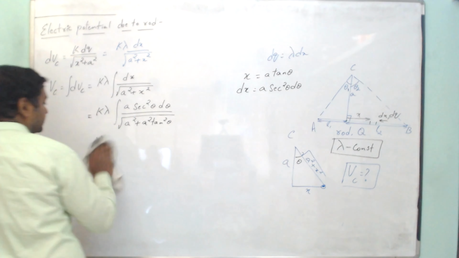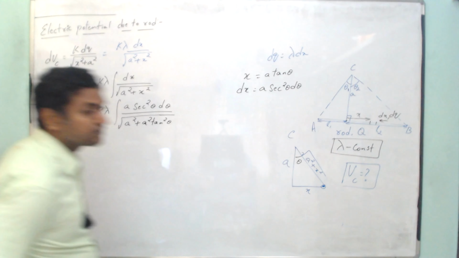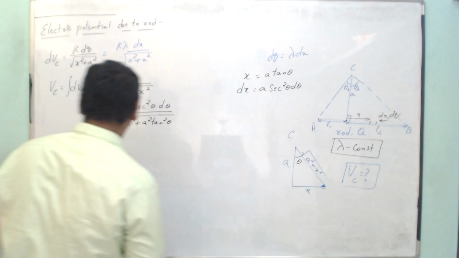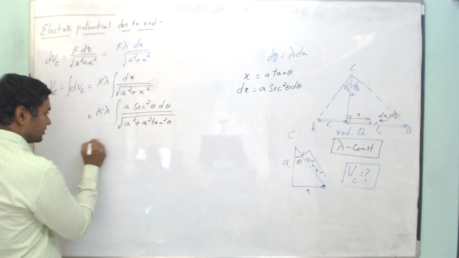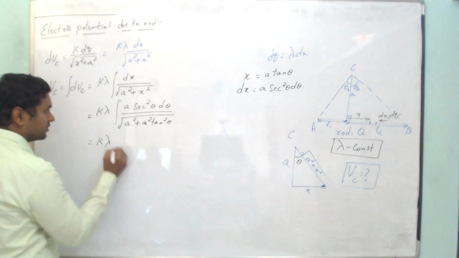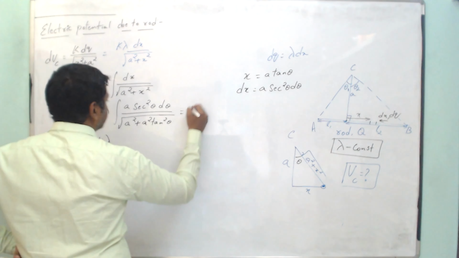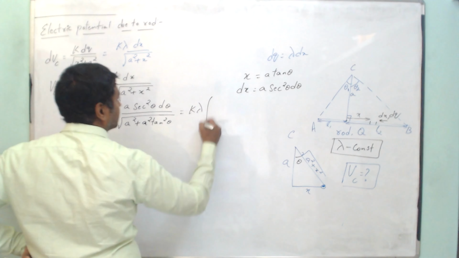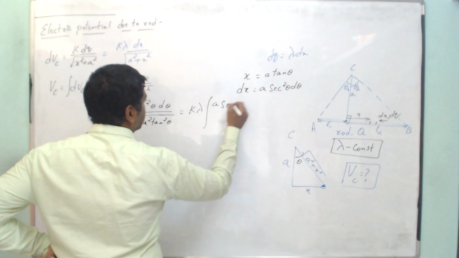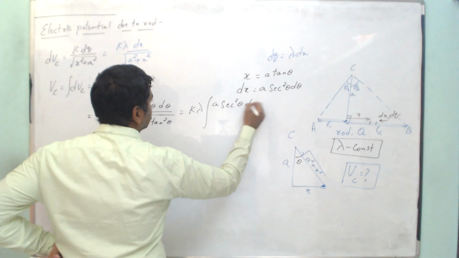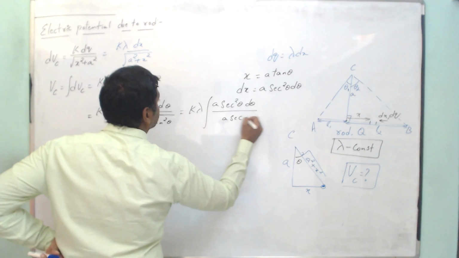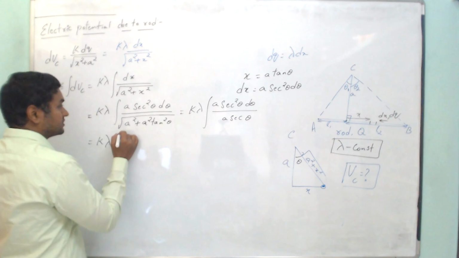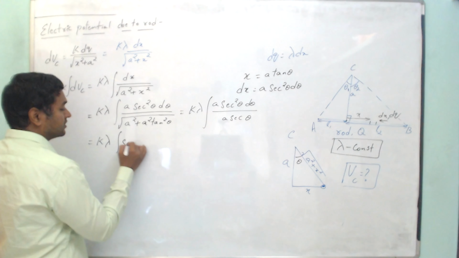So simply we have k lambda integral of a secant square theta d theta divided by a secant theta, which is nothing but integral of secant theta d theta.